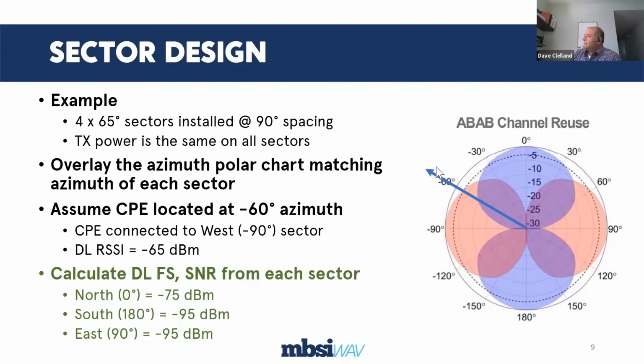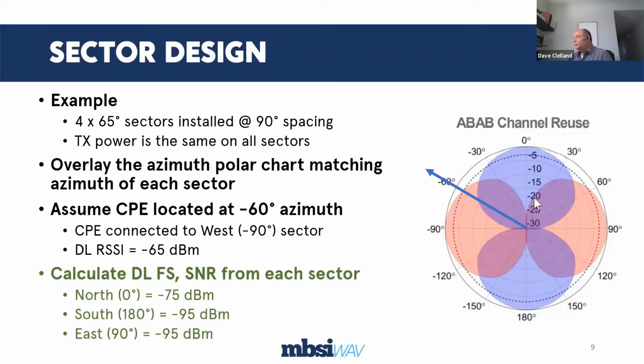But from a performance standpoint, I need to know if I'm getting the signal at this CPE location that I expect I should be. If I do a link budget, assuming that I'm connected to the west sector, I would come up with a particular value that will be higher than what I am actually operating at now.